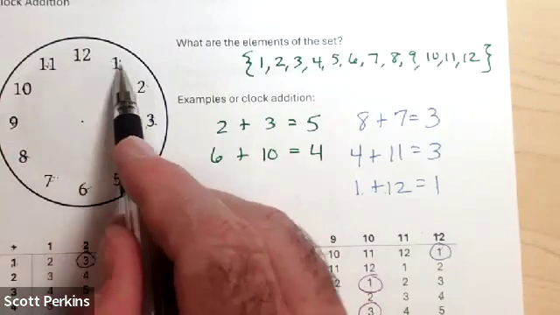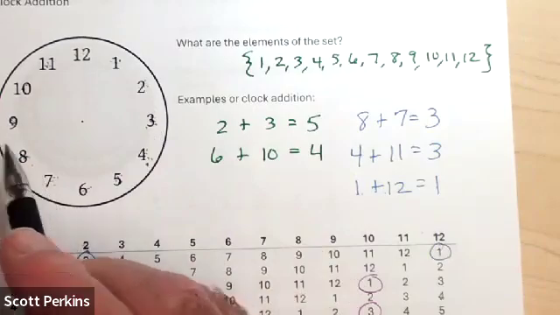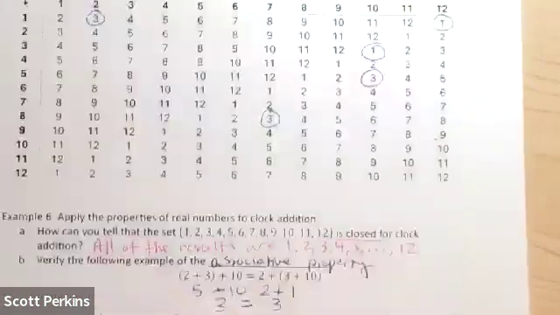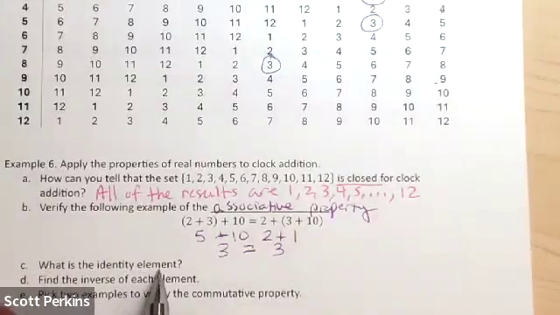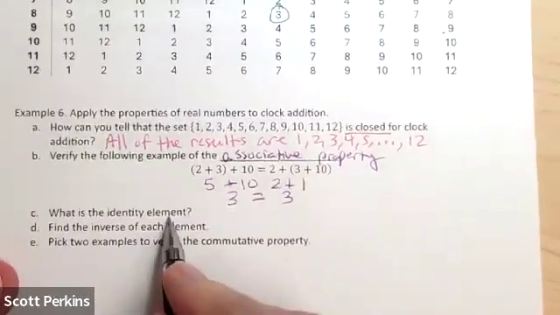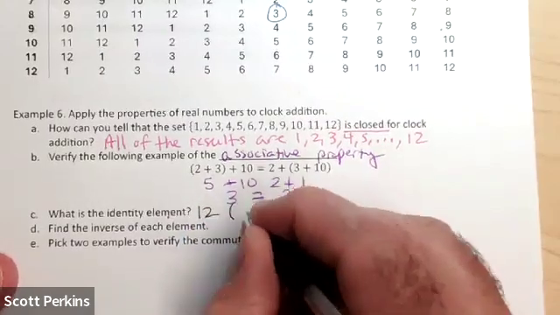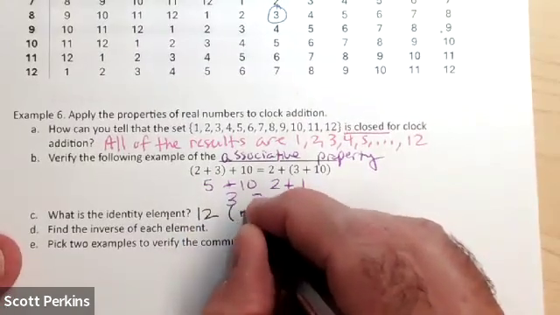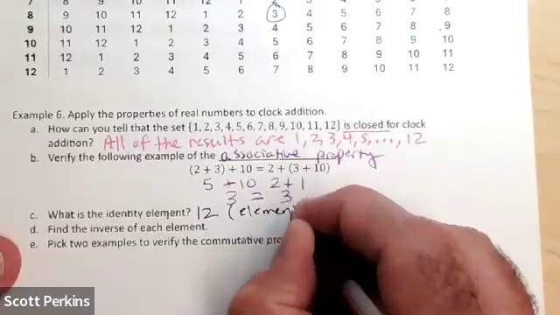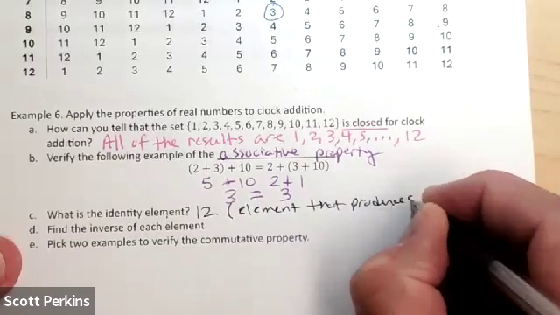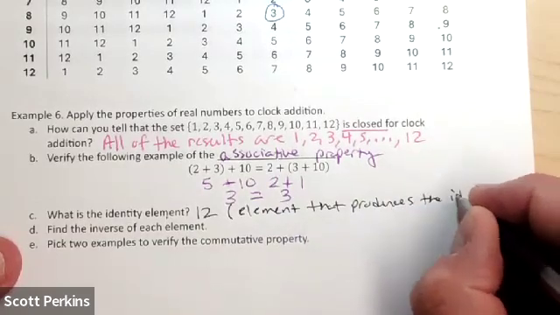I go one full orbit. So what that means is the identity element, the element that produces the identical thing, is 12. Let me put that in parentheses: the element that produces the identical thing.